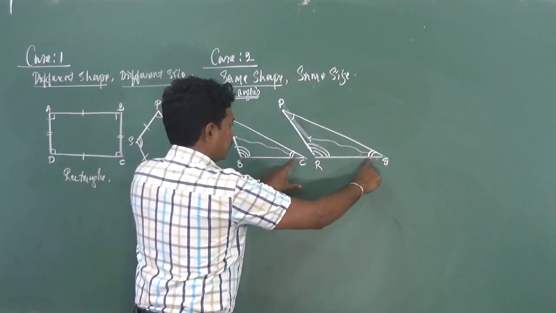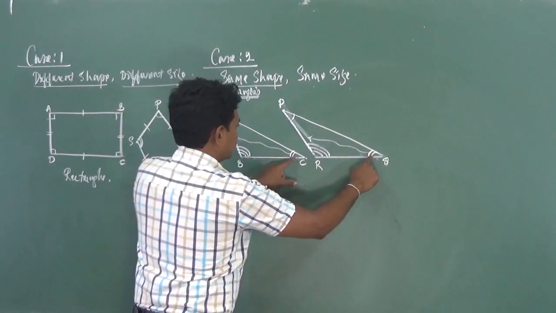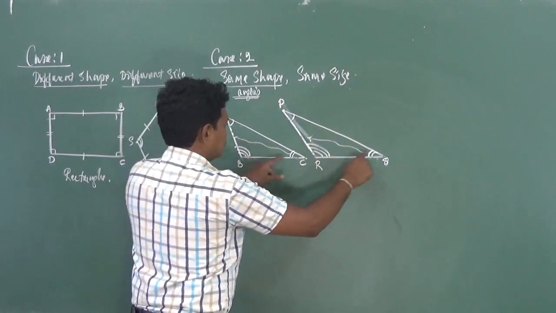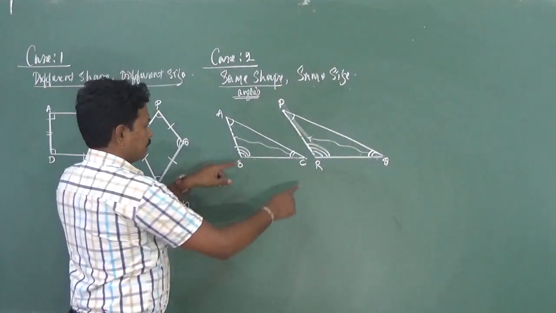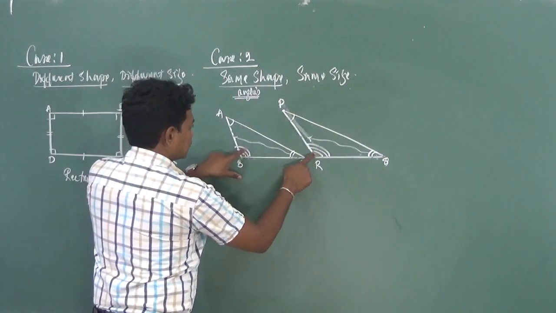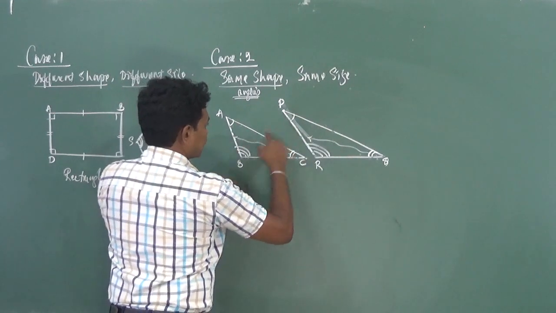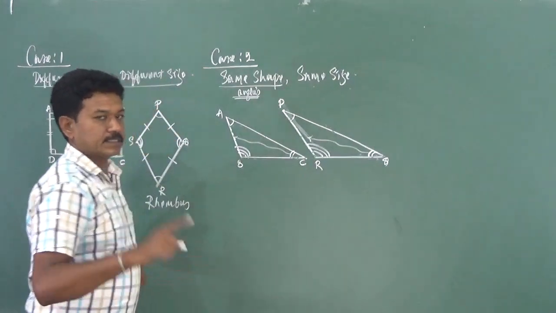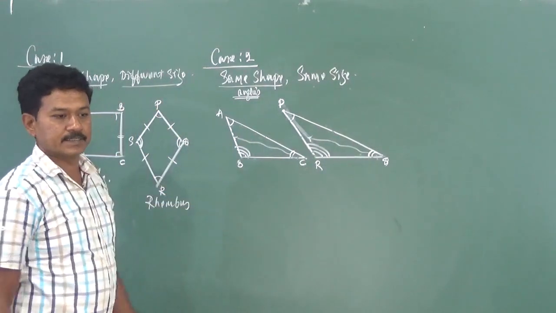If they are corresponding angles, the sides opposite to the corresponding angles are corresponding sides. For example, these two are corresponding angles. The sides opposite to them are AC and PR. Therefore, they are corresponding sides.